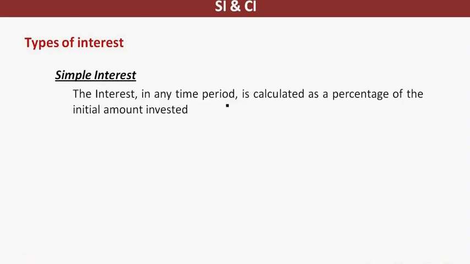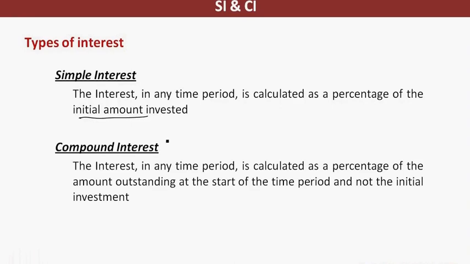Simple interest, as the name suggests, is very simple to understand and calculate. The interest in any time period is calculated as a percentage of the initial amount. This is the most important thing, initial amount invested. So whatever is your initial investment, over the years, your interest will always be calculated on the initial investment.